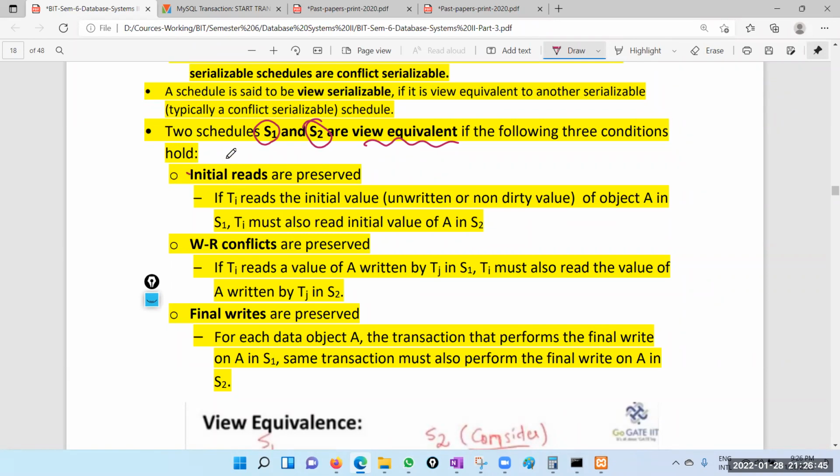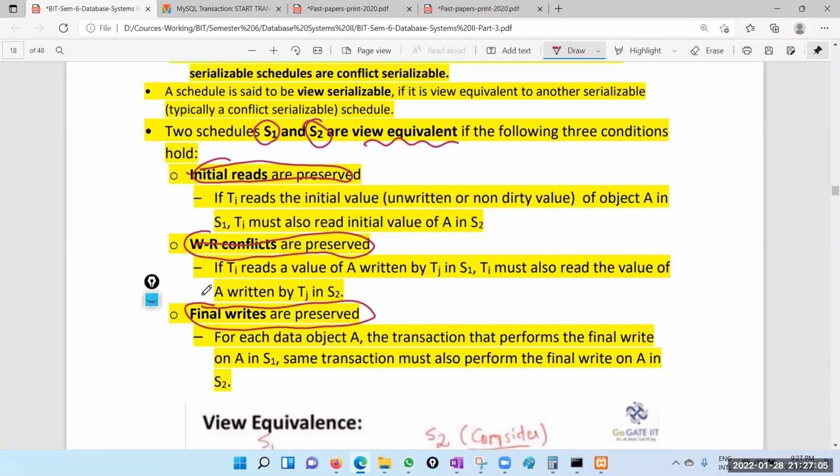Condition 1, initial reads are preserved. Condition 2, write read conflicts are preserved. Condition 3, final writes are preserved. If these 3 conditions are satisfied, those 2 schedules are view equivalent.